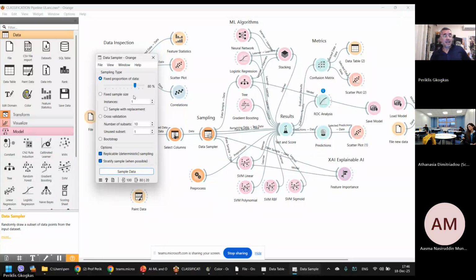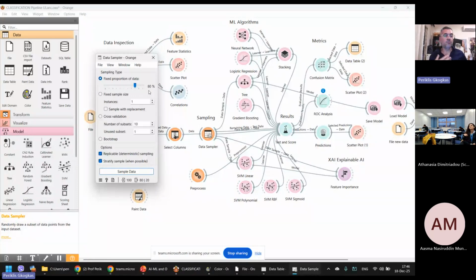So from now on, what I just instructed Orange to do is to use 80% of the original data set to train the algorithms. So the models that we're going to produce only see this 80% of the data set, and they never see the remaining data, the 20%, 20 observations.